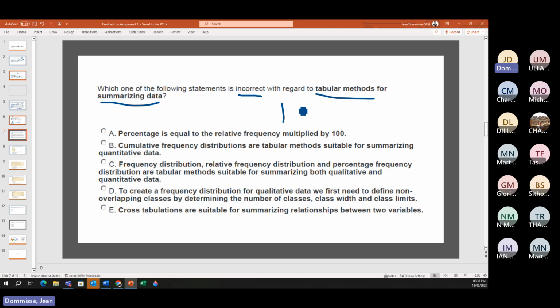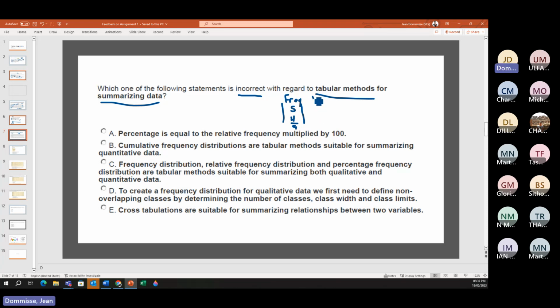Say the frequency is 5, 4, and say there was only these two, and it was total 9.